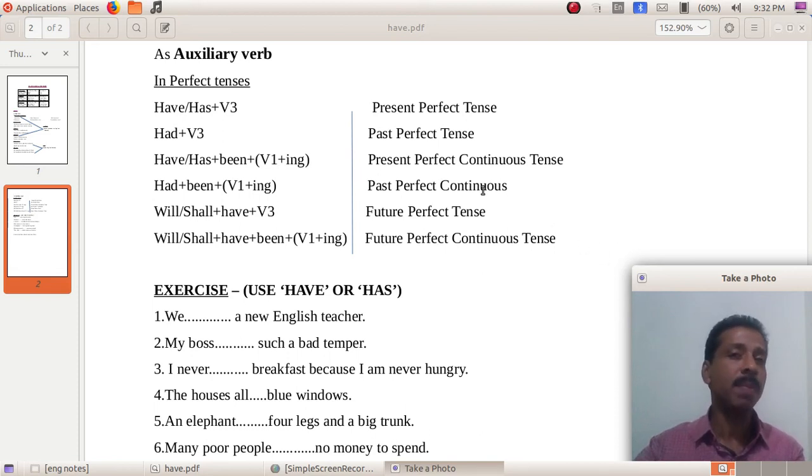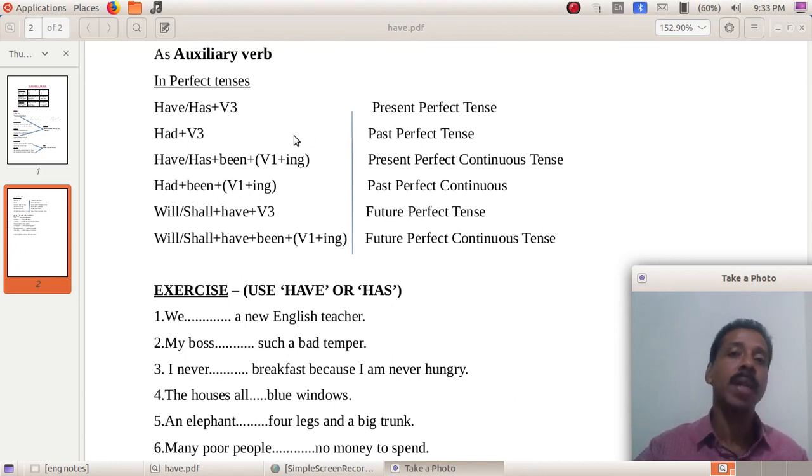So just keep in mind that the forms of have, has or had as an auxiliary verb are used in perfect tenses. And I think there is no need of going into detail about the tenses and their uses, because in the coming classes, when we come to the topic of tense, we will learn all the tenses and their uses in detail.